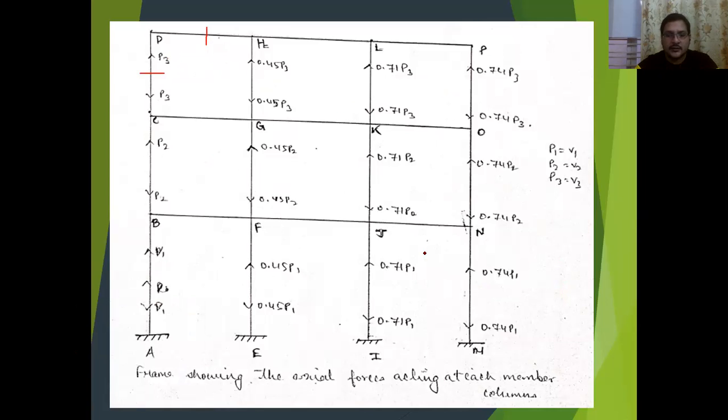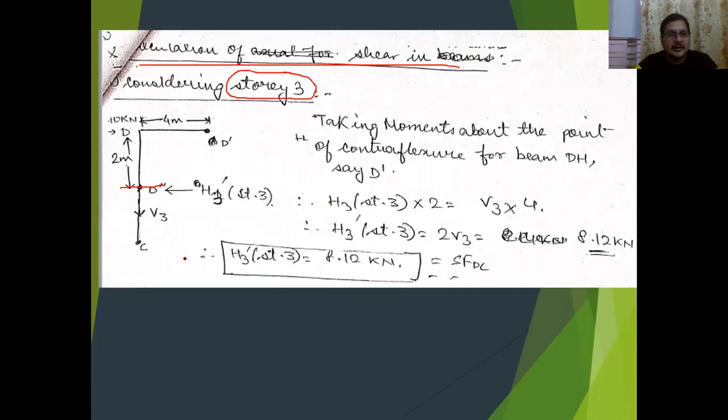Taking this part, I have represented the downward force V3. Downward force means the tensile force, because it is to the left of the CG. H3 dash, the shear force of the first column in the third story, I have represented, which is unknown. Now I have a 40 kilonewton load acting at this point, and I have also shown the distances.